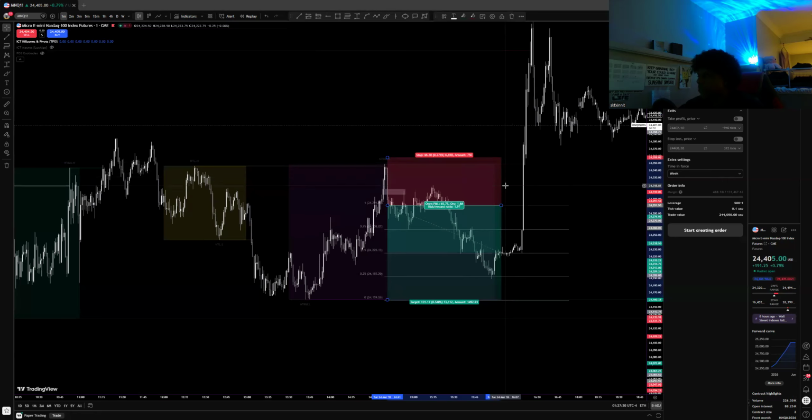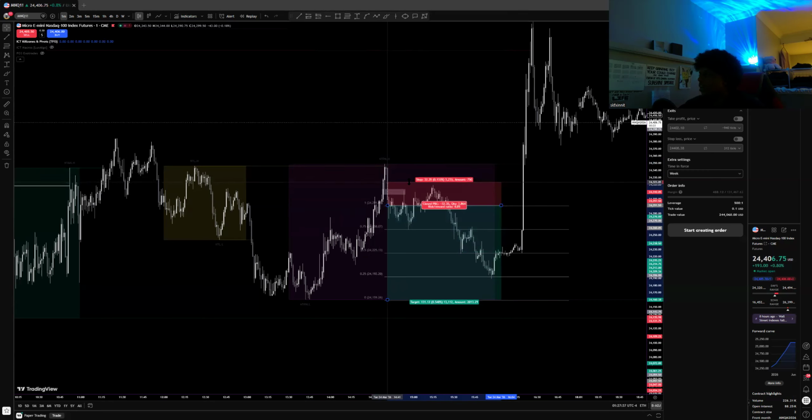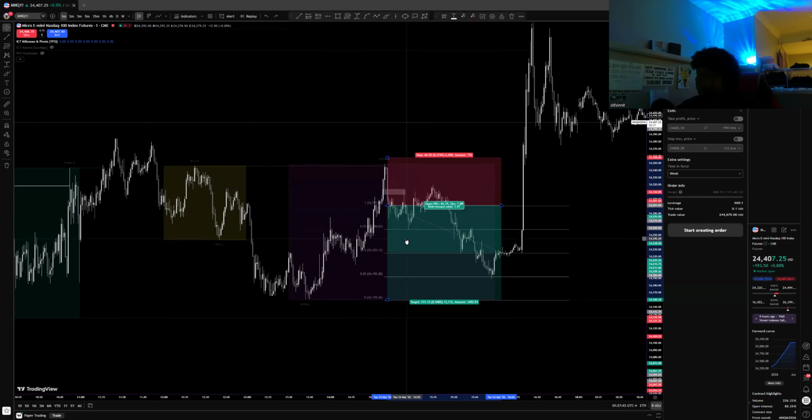I'm going to move my stop loss to break even, or cut my stop loss down to half. That way I make some money instead of being break even, or I could just let that trade run and still be break even because I closed 50% of my entry right here.